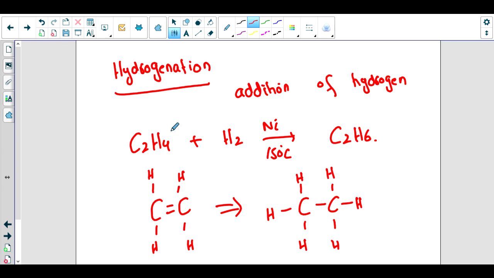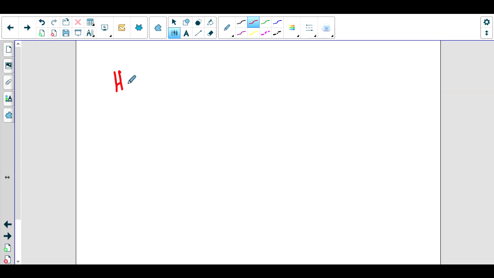Another important reaction which alkenes do is called halogenation. Like hydrogenation is addition of hydrogen, in the same way halogenation is addition of halogen. Take an alkene, for example, butene.